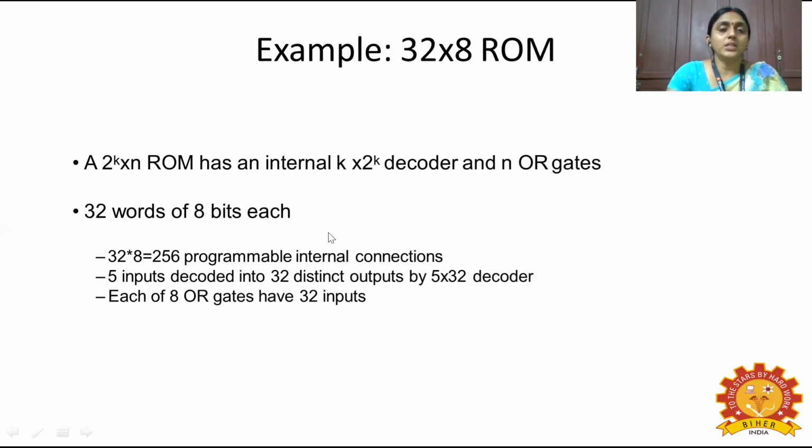So 32 words of 8 bits each, where 8 is the N value, and 32 into 8 is equal to 256 programmable internal connections. And here 5 inputs are decoded into 32 distinct outputs by a 5 cross 32 decoder, and each of the 8 OR gates has 32 inputs.